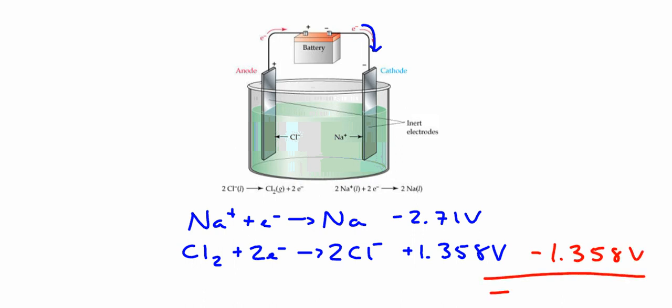So if I add that up, that would have a negative voltage, which would be non-spontaneous. So I know that the flow is going in the opposite direction. If I ever had to figure out what direction it's going to go, I could figure out, wait a minute, the sodium should be losing the electrons, and it should be flowing from right to left in this case. But that's not the case.